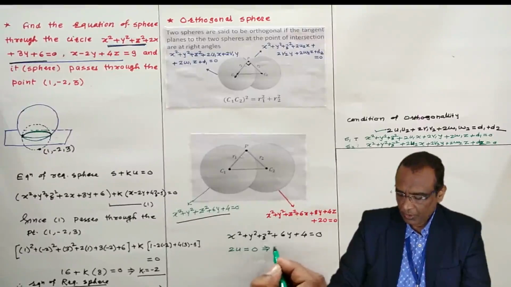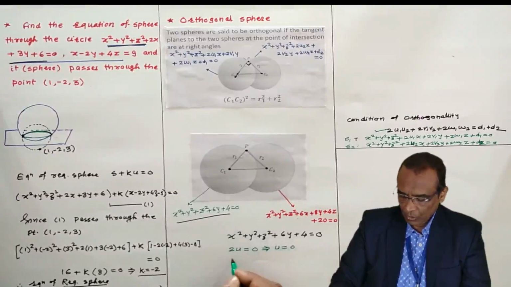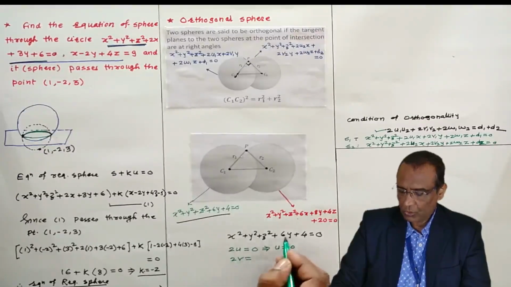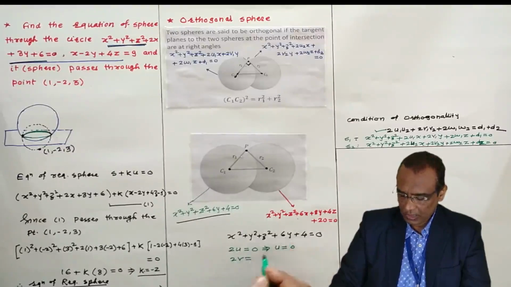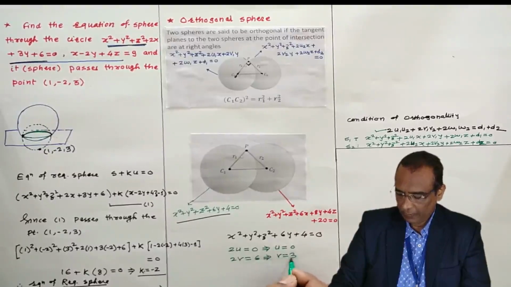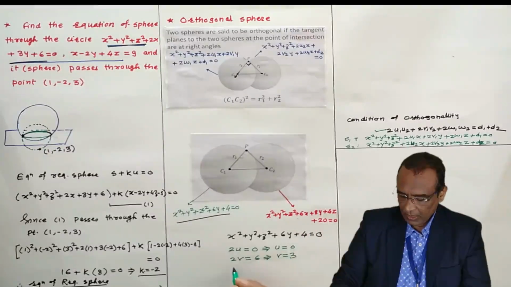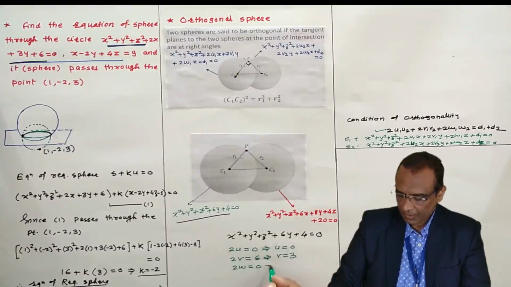This implies u equals 0. The coefficient of y is 6, so v is equal to 3. The coefficient of z is 2w and the z term is absent, so w equals 0.